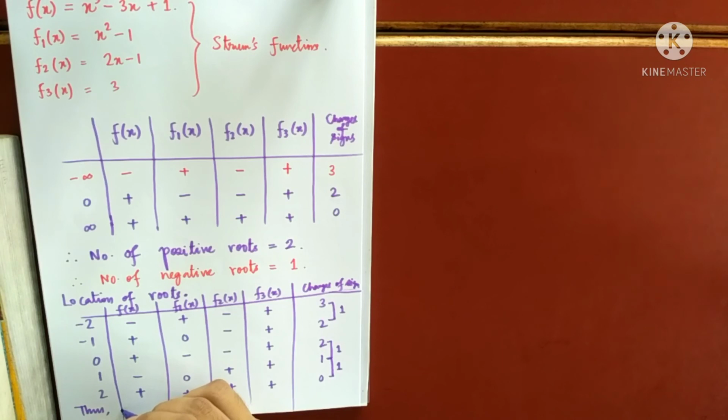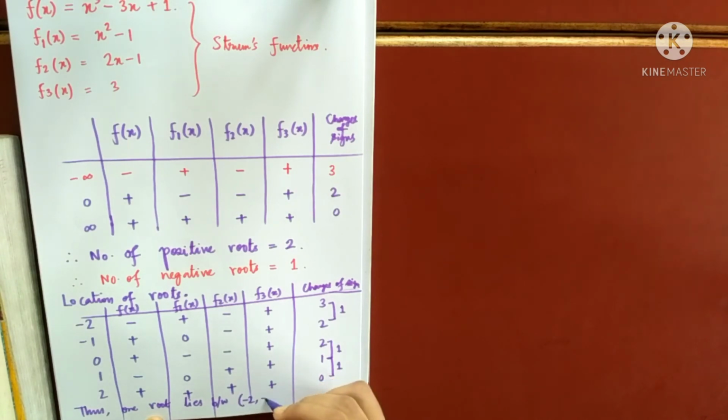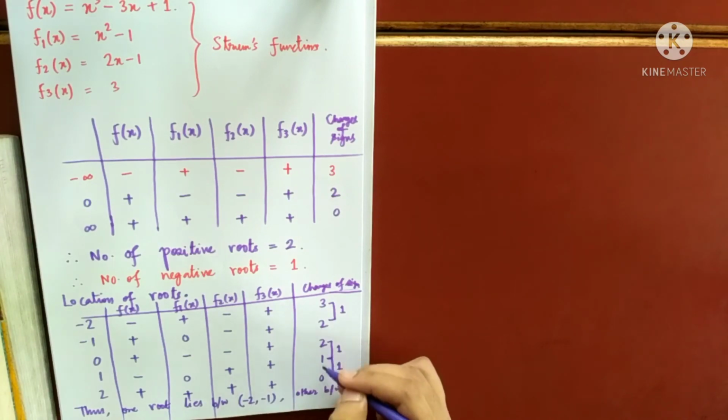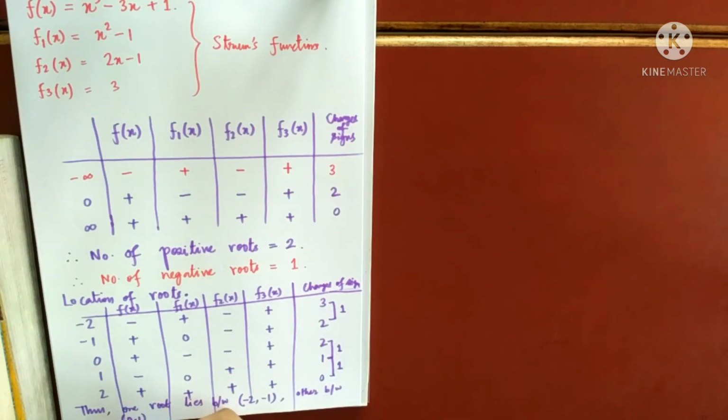Thus, one root lies between -2 and -1, another between 0 and 1, and another between 1 and 2. So I have got the exact location of the roots.